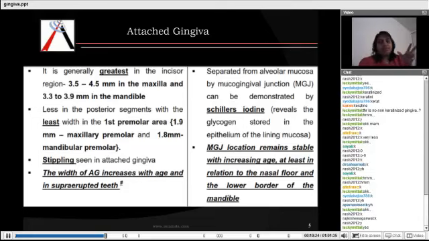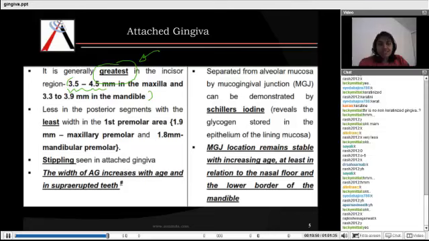Now, a very common question about attached gingiva is the width: in which area do we have the maximum width? It is greatest in the incisor region. When we look in the book, it says the width of attached gingiva is greatest in incisor regions, and then it gives all these values in brackets.